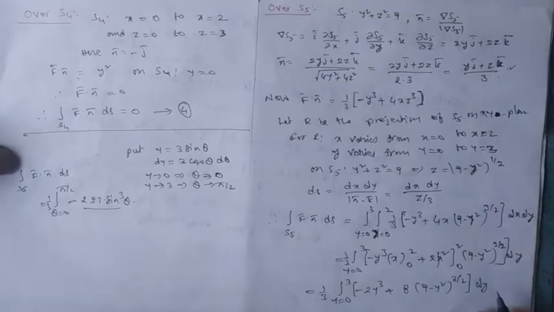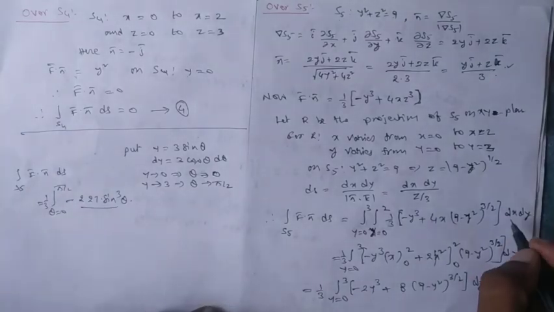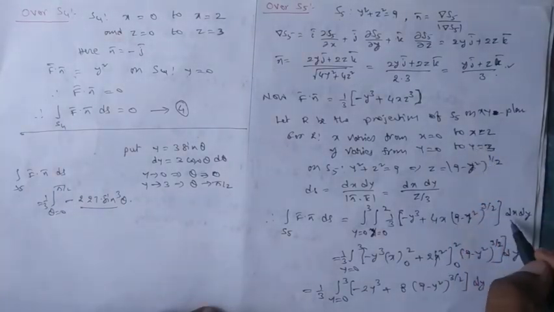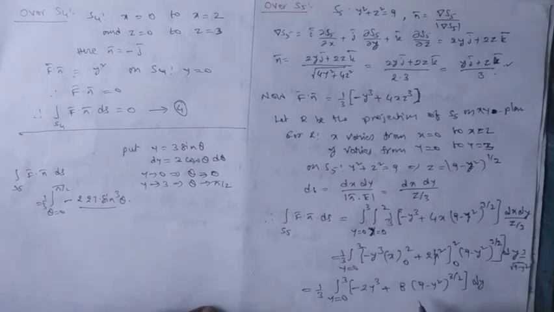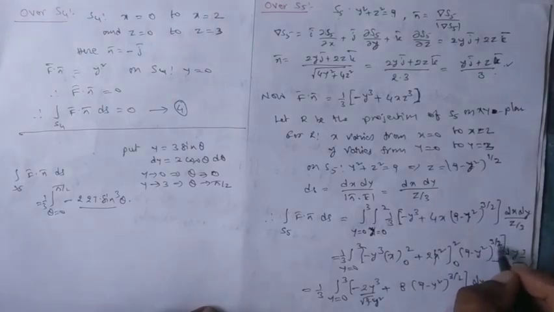Also we have one more thing: it is dx dy by z by 3, so 3 by z, that is 3 by square root of 9 minus y square.